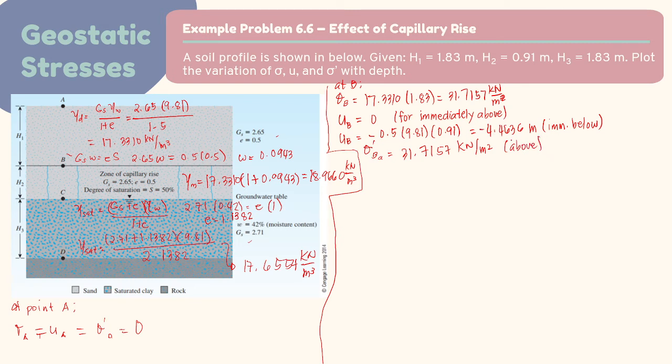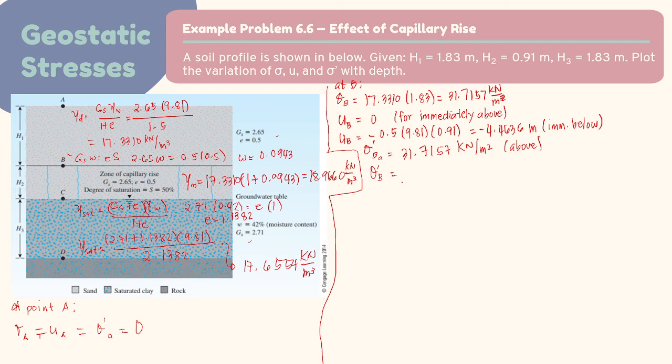I've also written the note here because you may not be able to read the subscript. And for the effective stress at B immediately below, we'll have 31.7157 minus negative 4.4636.